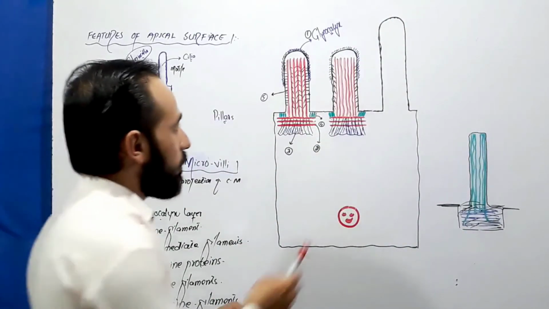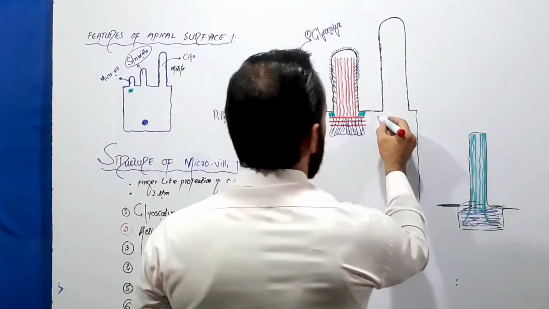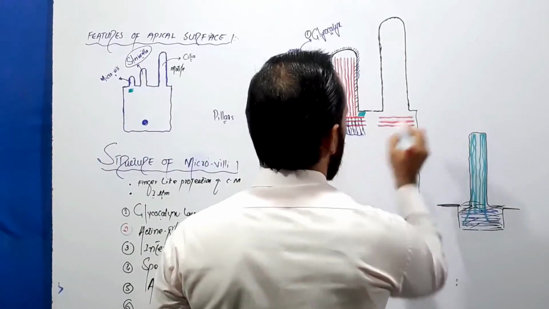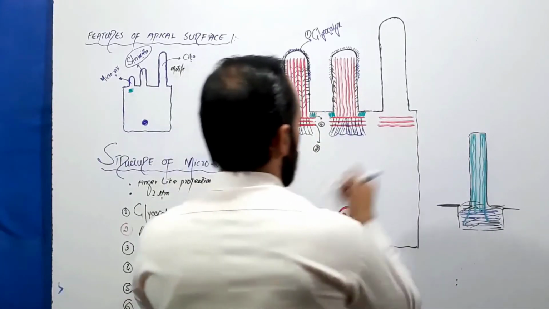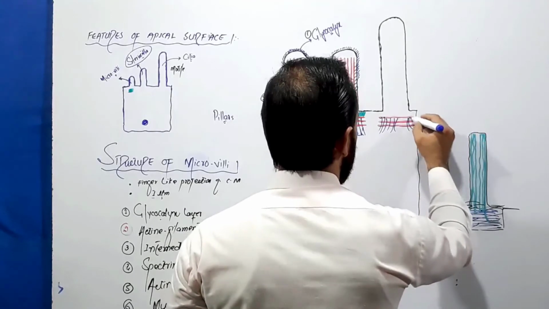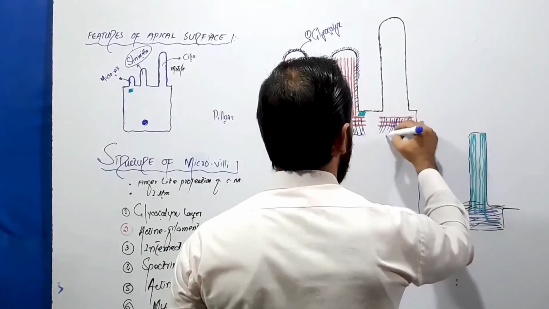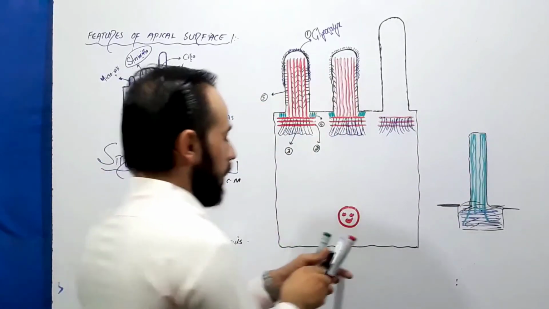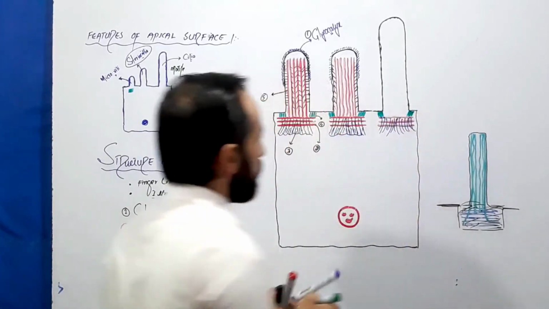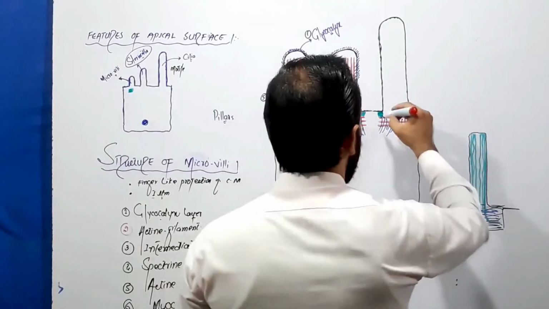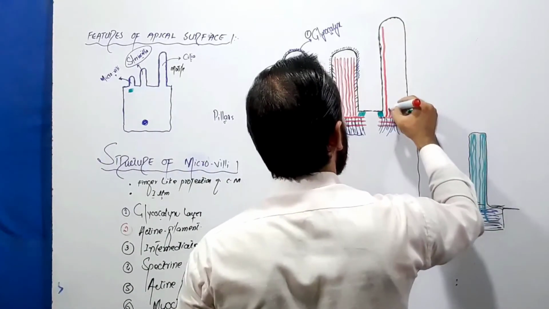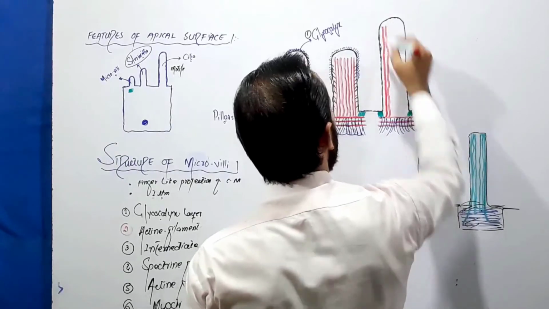So such type of pillars are called the stereocilia. Again the same structure will be found, right? So firstly we draw it. What are these? These are the intermediate filaments. And what are these? These are the spectrin proteins, right? Spectrin proteins, and from them there will be the actin filaments, again going up but a little bit longer, right?